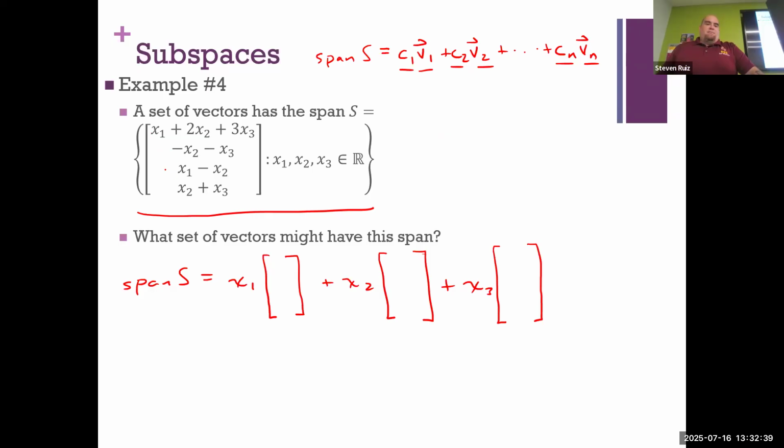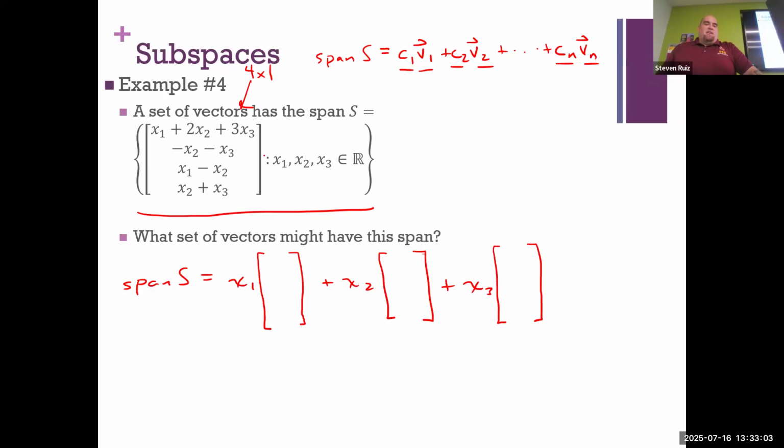This is kind of like what we called expanded vector format when we were parameterizing solutions in a previous chapter. So basically, this right here is a 4-row by 1-column vector.